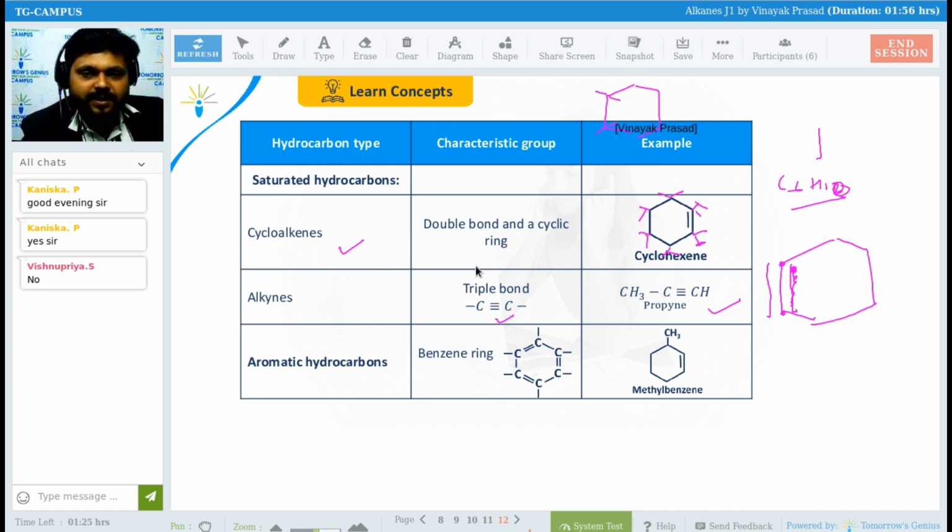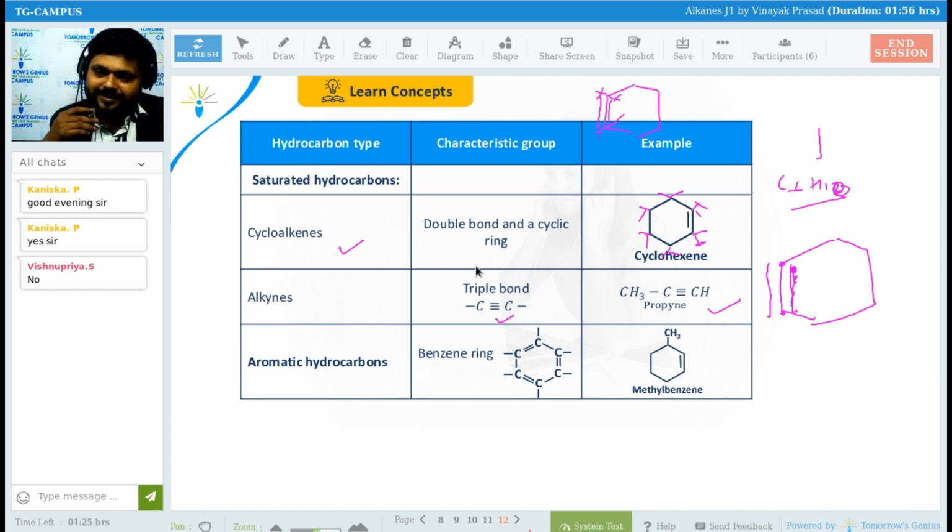And 2 hydrogens here as well. Now we are forming 1 bond, so these 2 hydrogens have gone. Now if I form the double bond, these 2 hydrogens will be gone. So there can be a possibility of a triple bond, right? Yes or no? What do you say, Vishnu Priya?